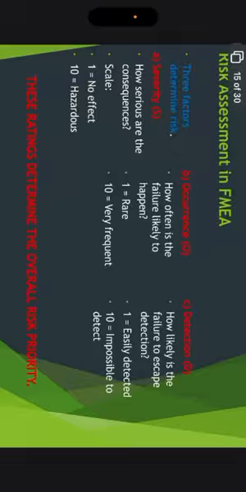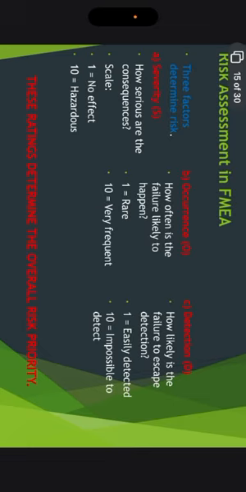You can use different terms. In safety, we use 1 for what? Minor. And we use 10 for what? Catastrophic. But here, we use 1 for no effect, 10 for hazardous.